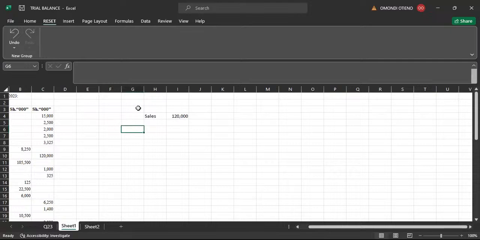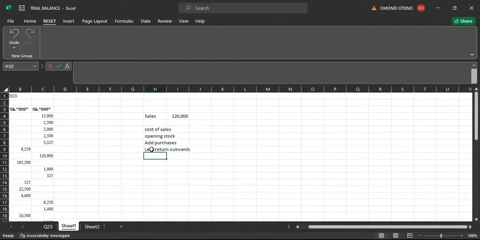So after getting sales, we are going to move to cost of sales. And under cost of sales, we start with opening stock. We add purchases. These purchases, maybe we might be having return outwards. Return outwards should be subtracted.